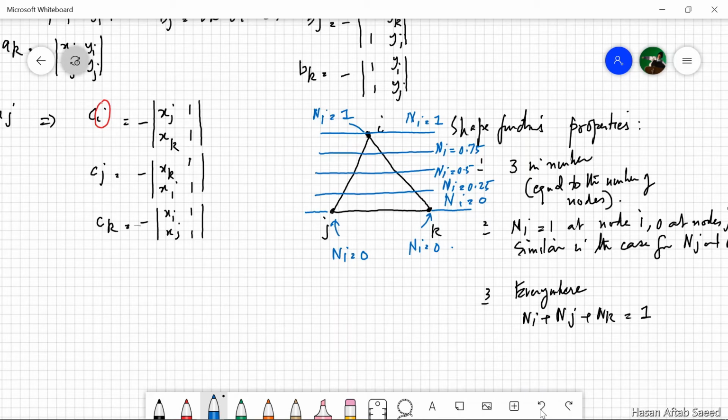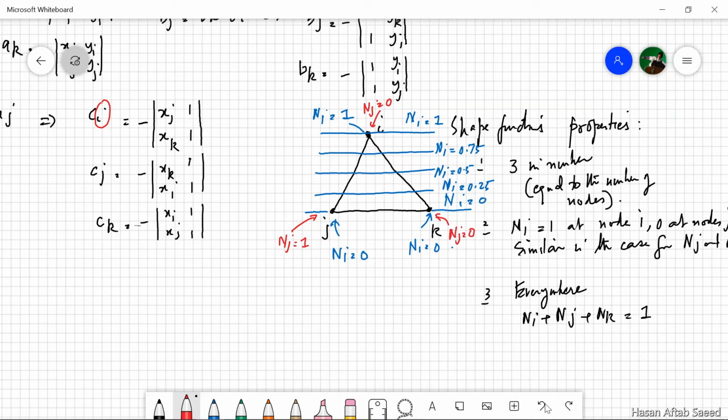We can repeat the same process, for example, for nj. We know that nj is equal to 1 here, nj is equal to 0 on this node, nj is equal to 0 on this node.